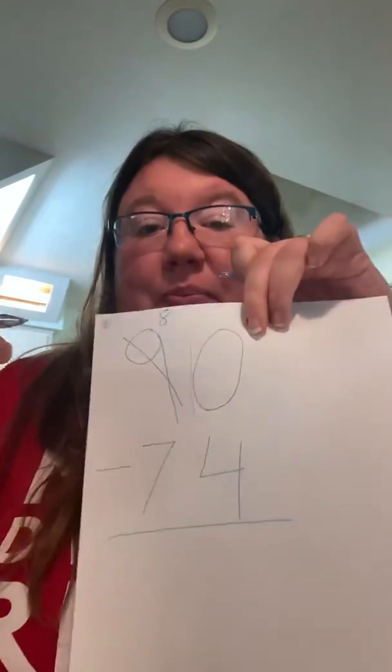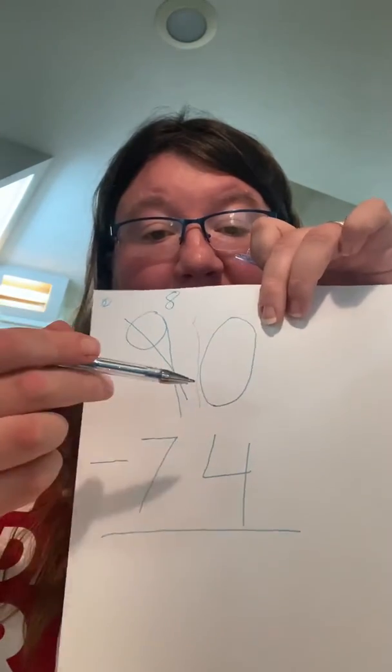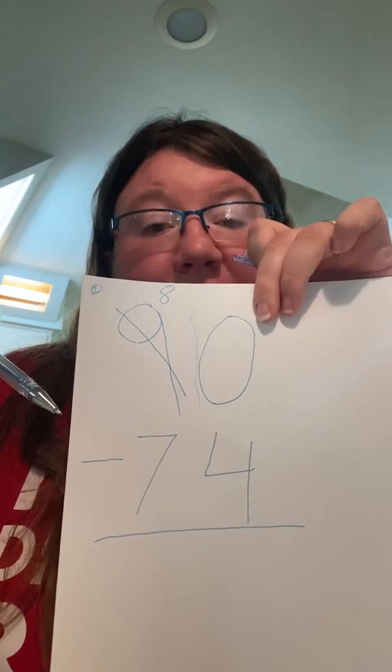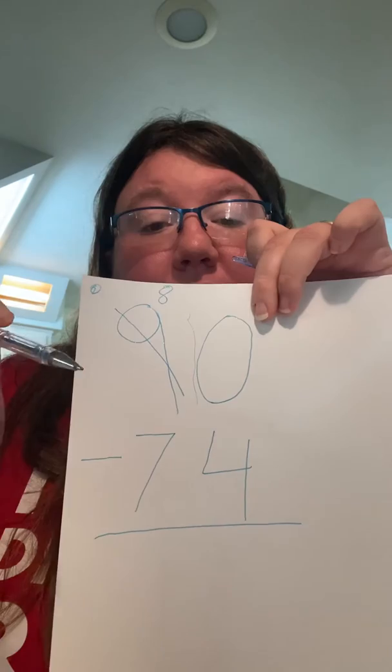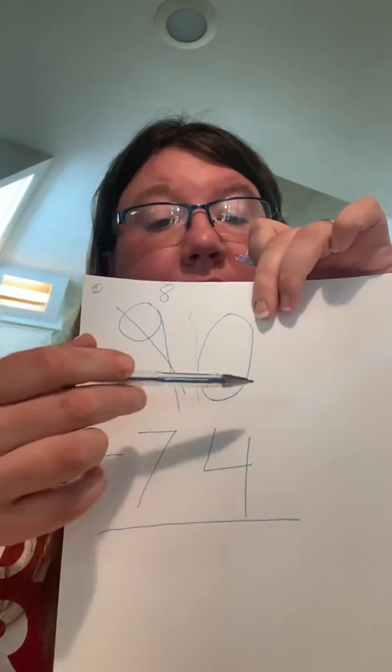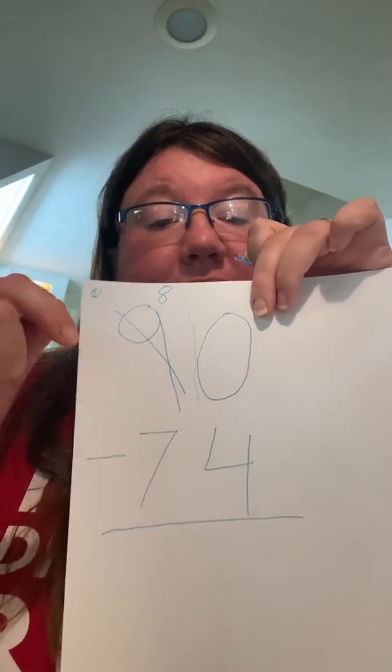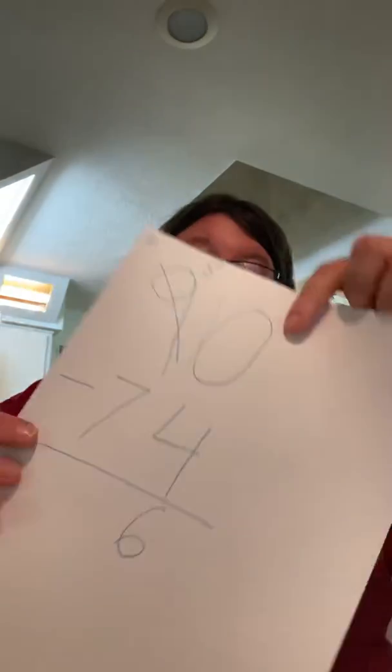Now, we can put our 1 right in here. So if we have 10, and we take away 4, how many do we have now? 10 minus 4 equals 6. So we'll put our 6 here.